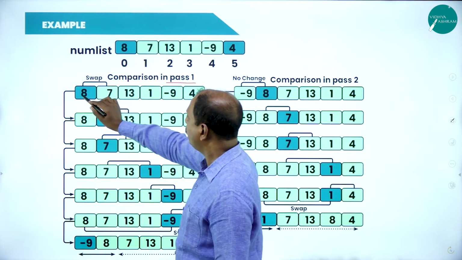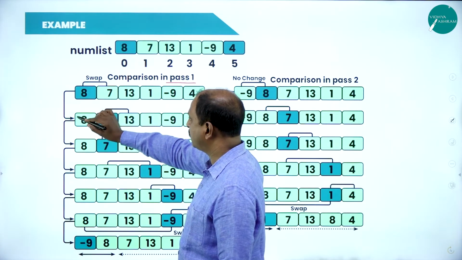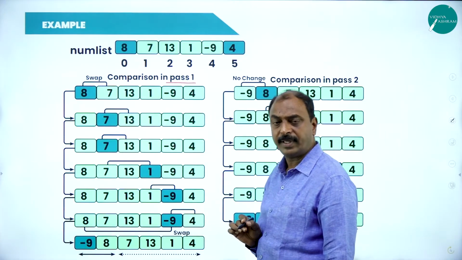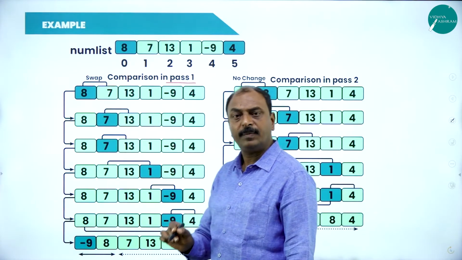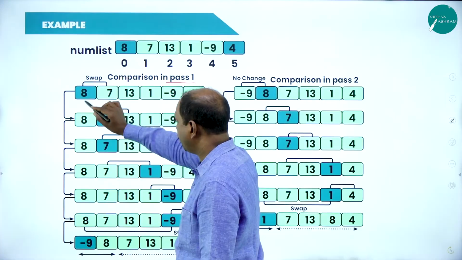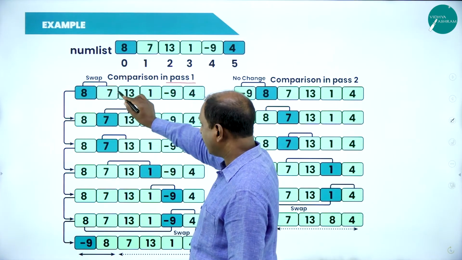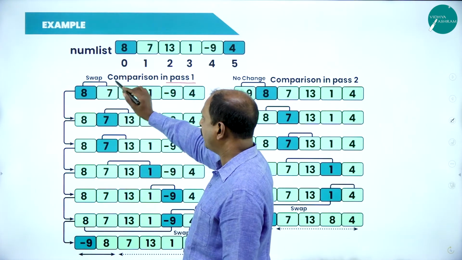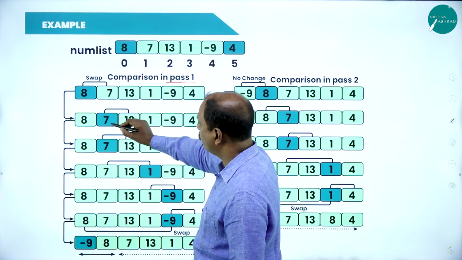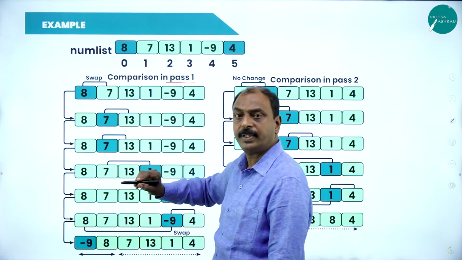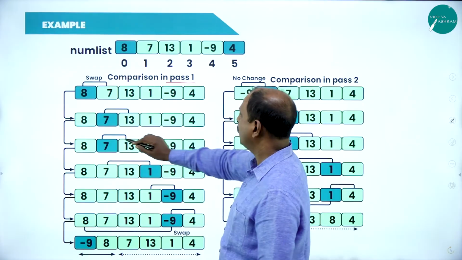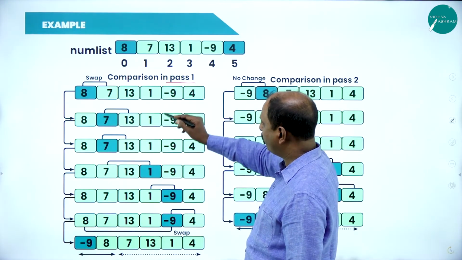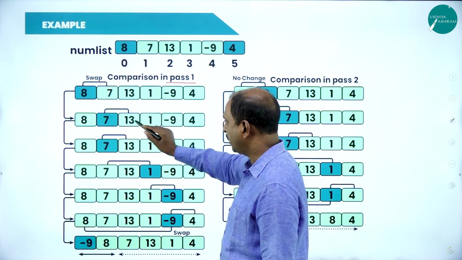First we assume that 8, the element at index 0, is the smallest element, and that is compared with the next element. Out of 8 and 7, 7 is the smallest. So we mark this as the smallest element of the given list. Now again, we are going to compare 7 with the next element, 13.